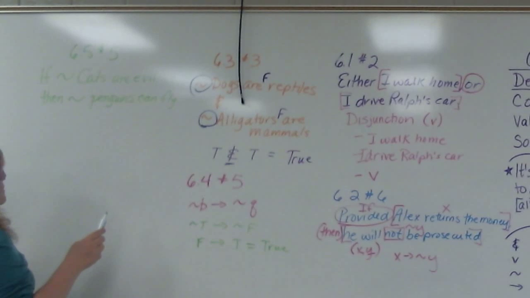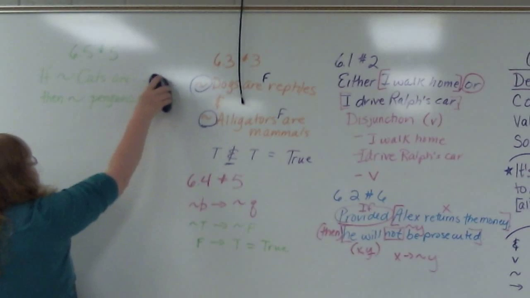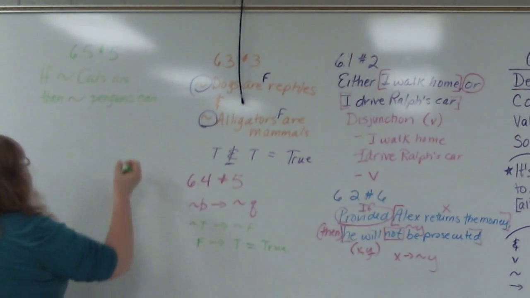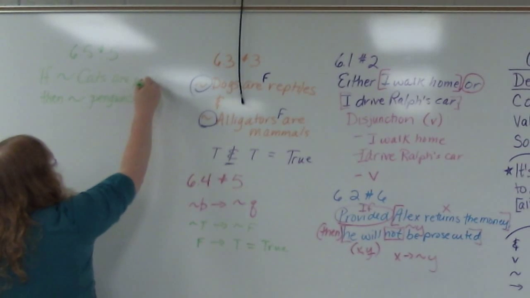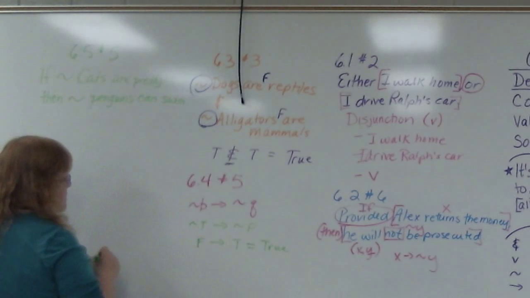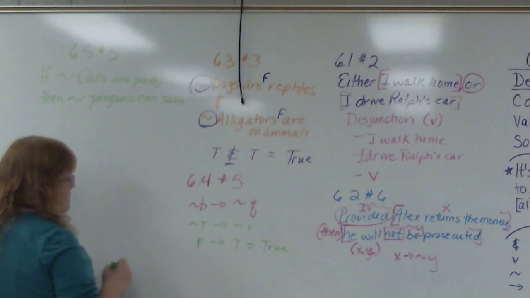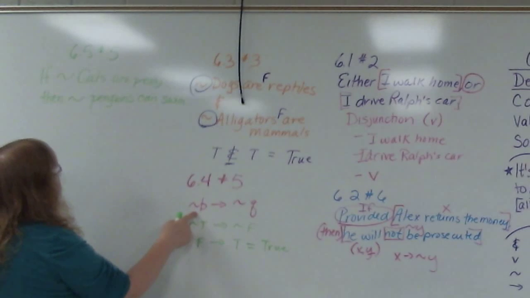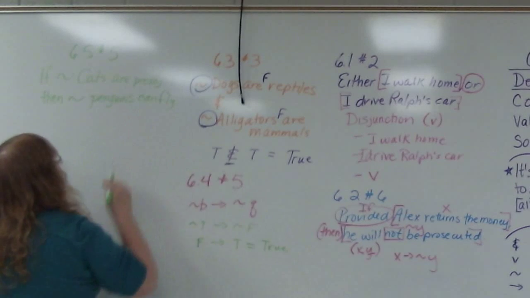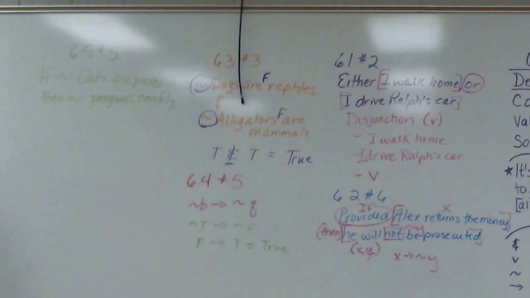B has to be a true statement. I have it backwards. I am so sorry. Okay. Cats are pretty. Penguins can swim. That's true. That's false. Sorry. Fly. Okay. There we go. That's my English sentence to match my 6.4 number 5.